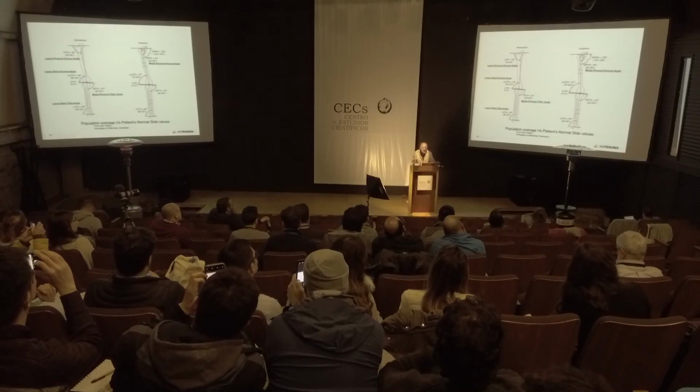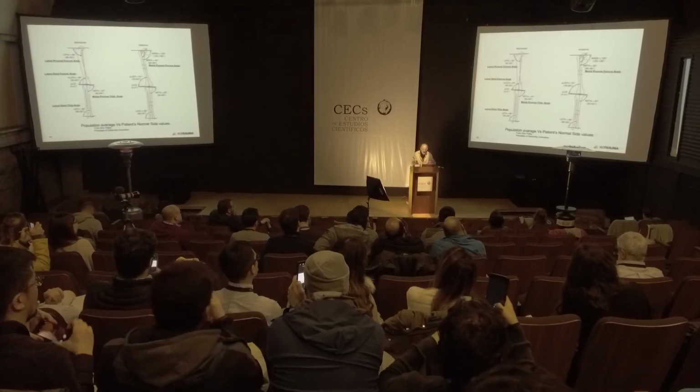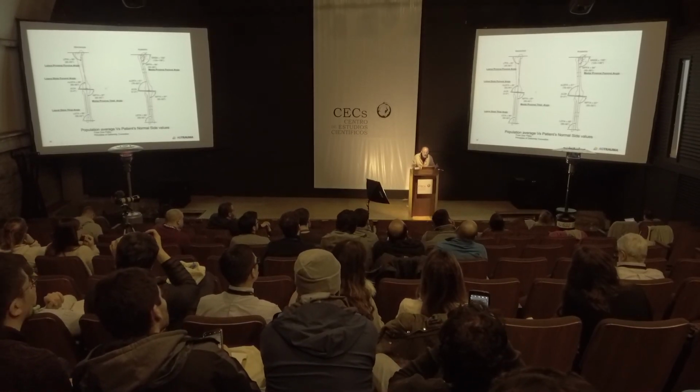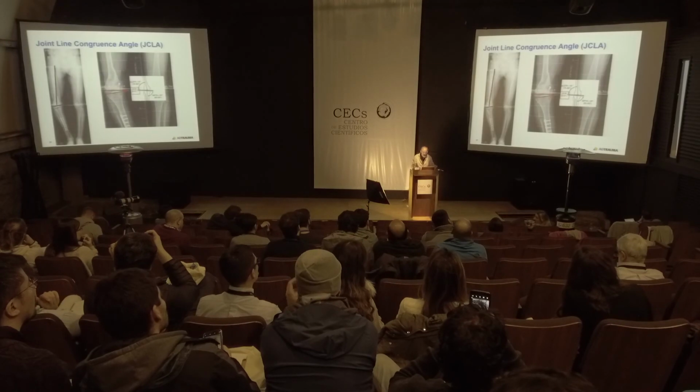And for this, especially Dror Paley is all good work to show us all these different angles with the variation between mechanical axis and the anatomical axis and so on. Therefore, I will not go into details. There are the textbooks, but you have to know how to do this and what the mechanical axis means.